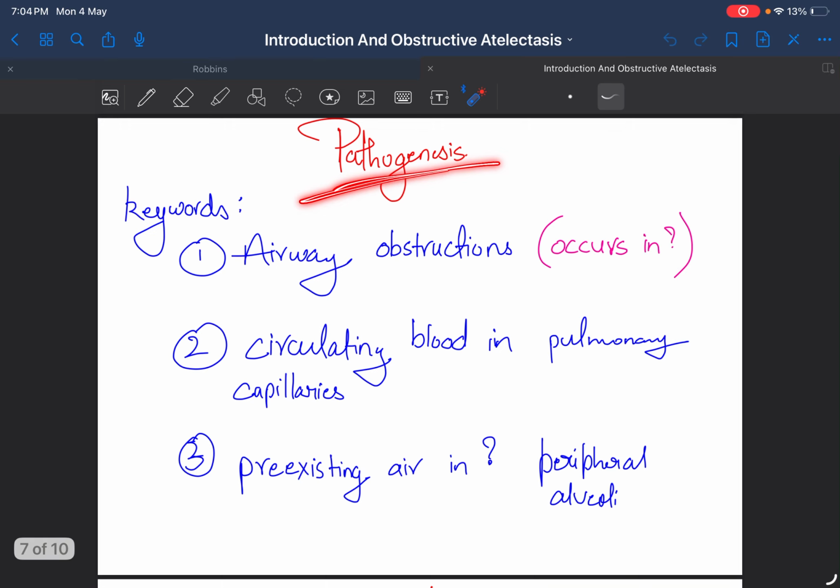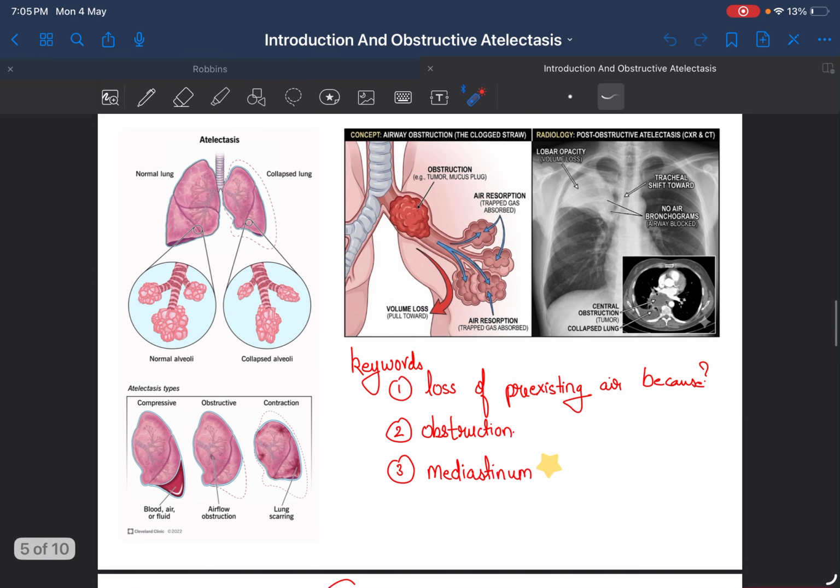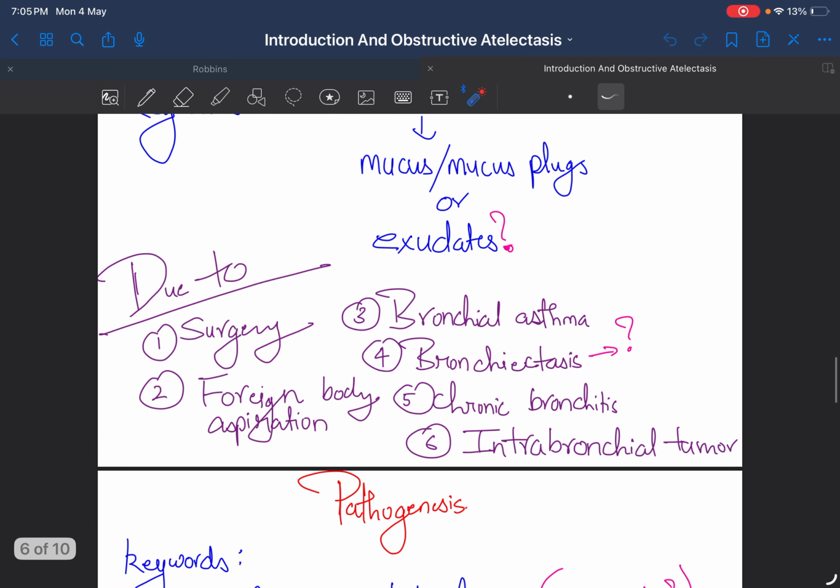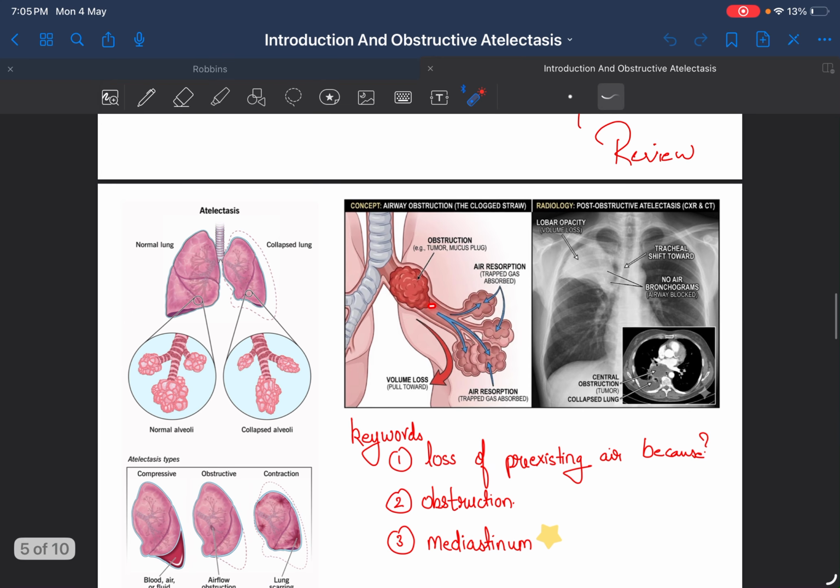Now let's talk about the pathogenesis. Again, I have mentioned the keywords here. Airway obstruction occurs by thick secretions, which prevent the air flow from reaching the alveoli, as I showed here. The obstruction occurs in bronchi, segmental bronchi, or terminal bronchus.